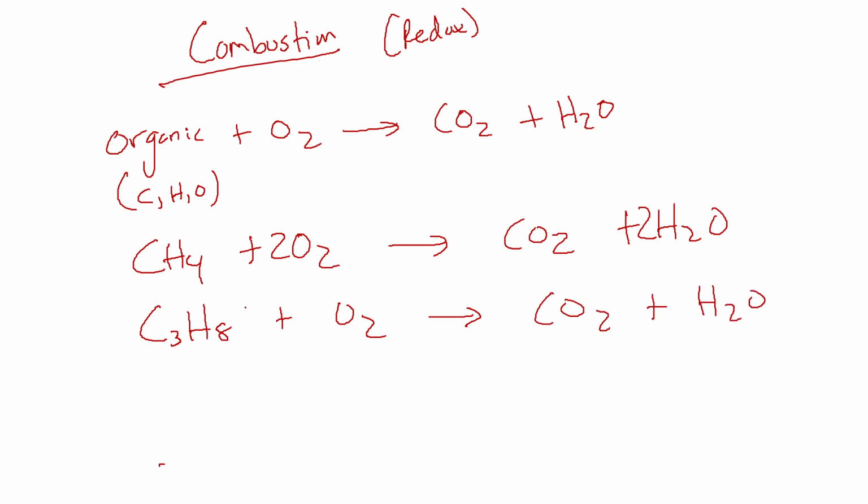So usually if you have an organic guy, oxygen on the left, CO2 plus water on the right is made. Unless you have an incomplete combustion, you'll get a carbon monoxide instead of carbon dioxide. I know we should balance it. So we'll go 3, we'll go 4, we'll go 5, and now we're balanced.